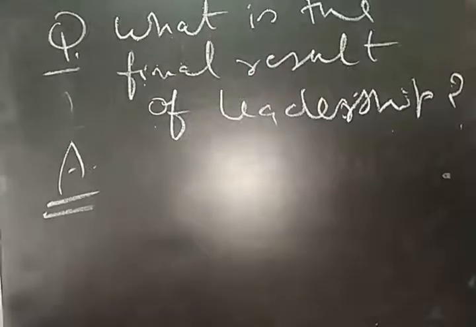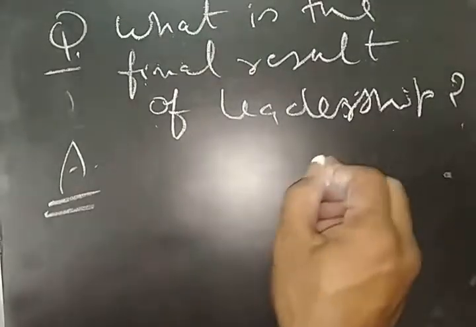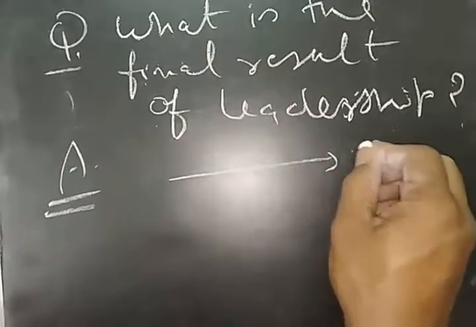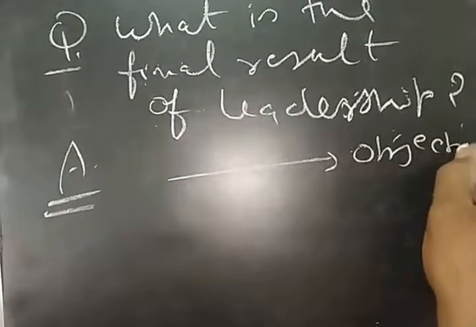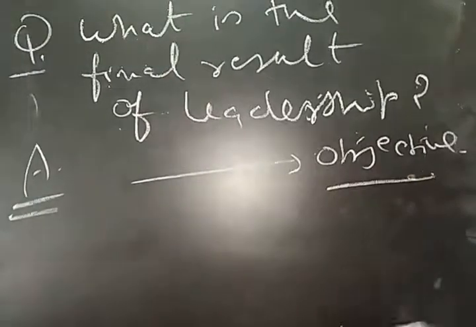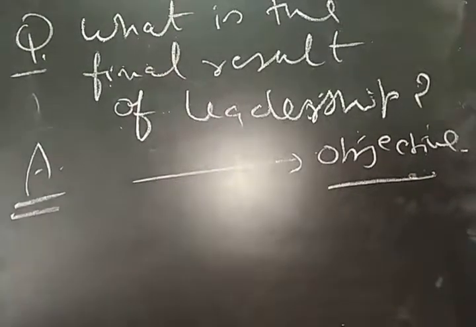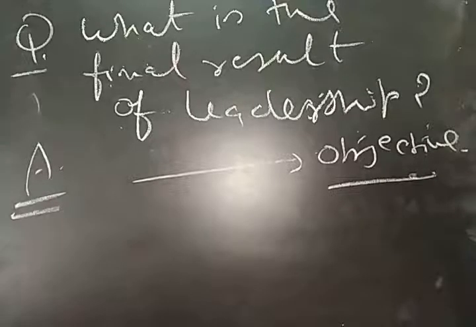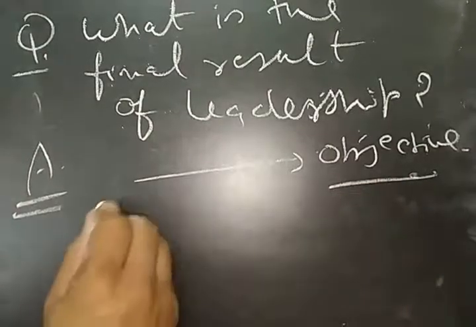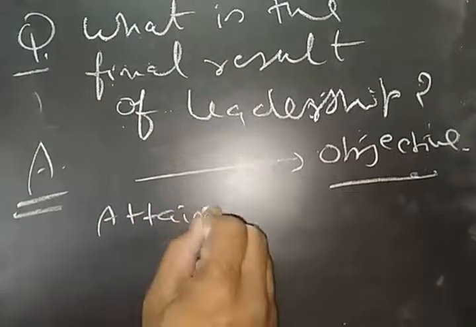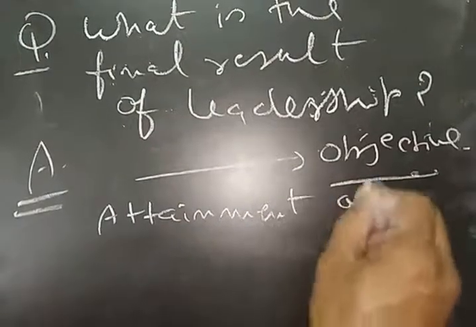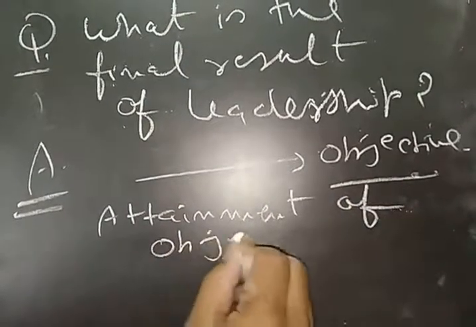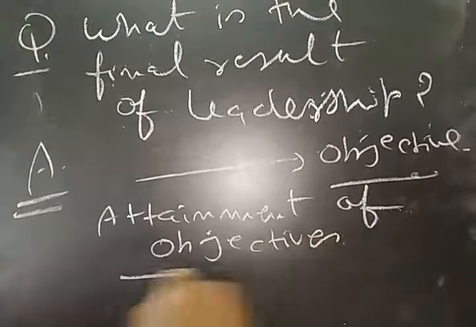So, whatever leader is doing, he is doing for attaining an objective. Whatever changes he wants to bring to the personality of subordinates, that is also guided by the objective. So we can say the final result of leadership is attainment of objectives, right?